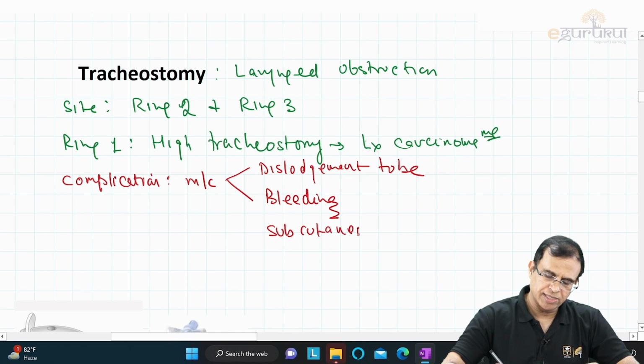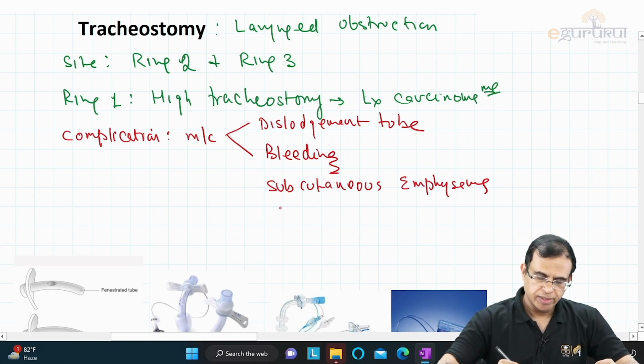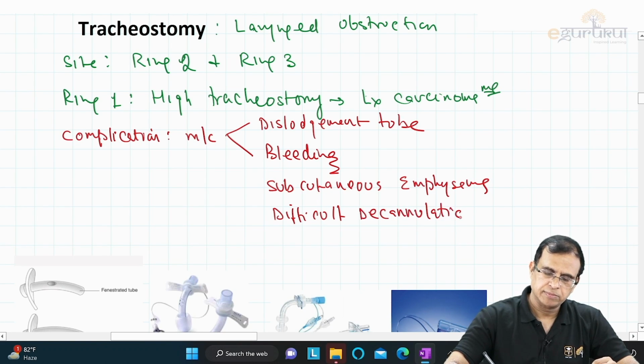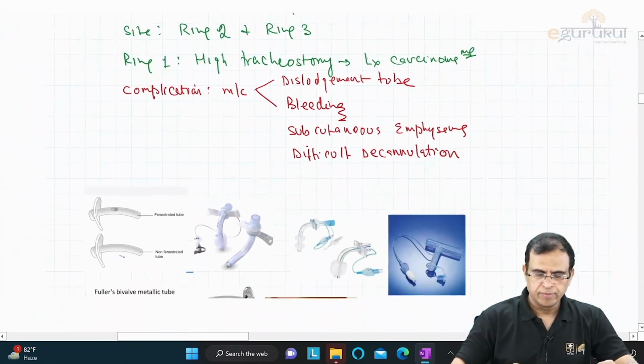Subcutaneous means below the skin, there is a collection of air, emphysema. So your tube did not fit properly, it was a small tube, and that's why. And difficult decannulation, just remember this name, may be seen in children. So these are the important complications of tracheostomy.